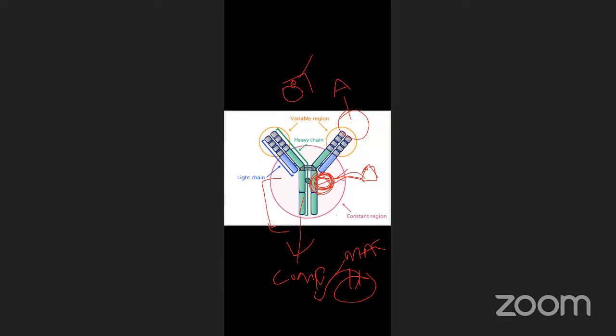Major histocompatibility complexes are large genomic regions. In human beings, chromosome 6 encodes this major histocompatibility complex. What is the major histocompatibility complex?